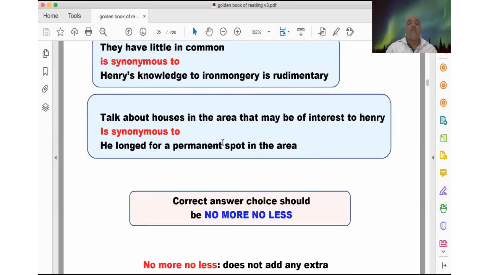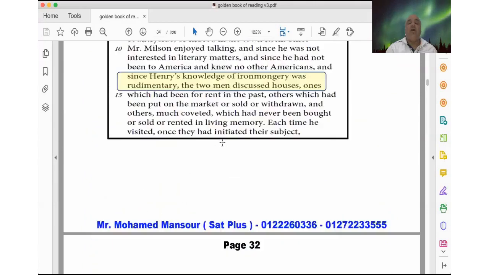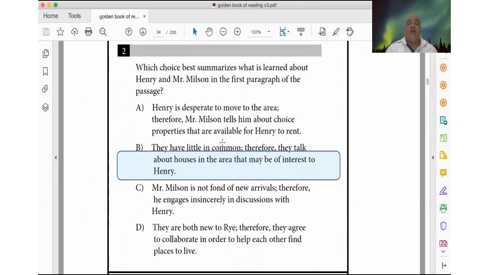Again, going through the rest of the choices, you're going to figure out that they have lots of mistakes. In choice A, Henry is desperate, which is not supported, to move to the area. Desperate is an extreme word. Mr. Melson tells him about properties that are available for Henry to rent.